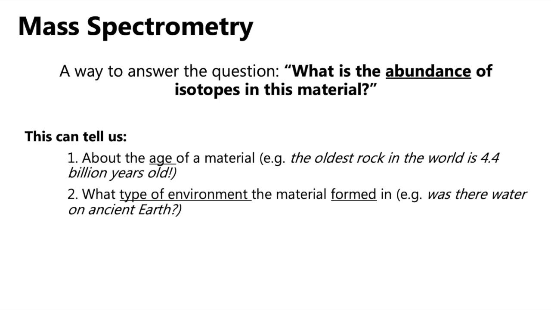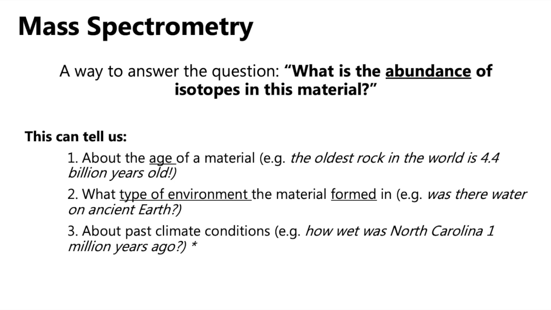Also, it can tell us about what types of environments rocks and minerals are forming in, such as was there liquid water on ancient Earth back during the Hadean, when Earth is thought to be one giant ball of magma. Further, we can disentangle past climate conditions back millions of years. For example, how wet was North Carolina 1 million years ago? We can use mass spectrometers to measure the abundance of isotopes in materials and answer these questions.